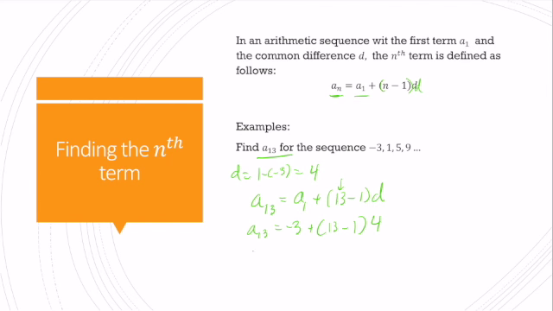So now I have a sub 13 equals negative 3 plus 13 minus 1 times 4, that's 48. So I have negative 3 plus 48, which is 45. So the 13th term of this sequence would be 45. This is a nice little shortcut, okay?